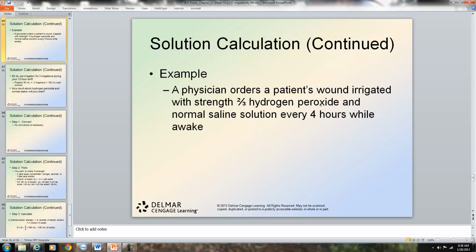Two-thirds hydrogen peroxide: I want 2 parts concentrate, 1 part saline. Together they make 2/3 strength.